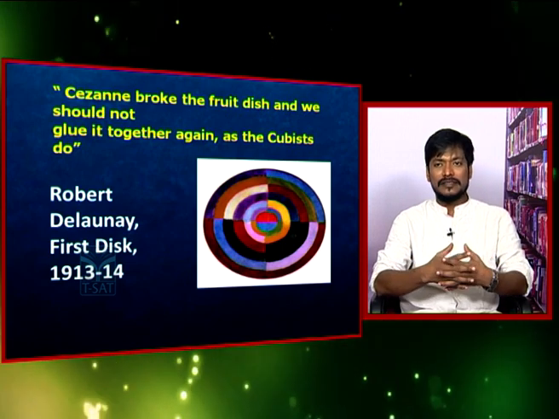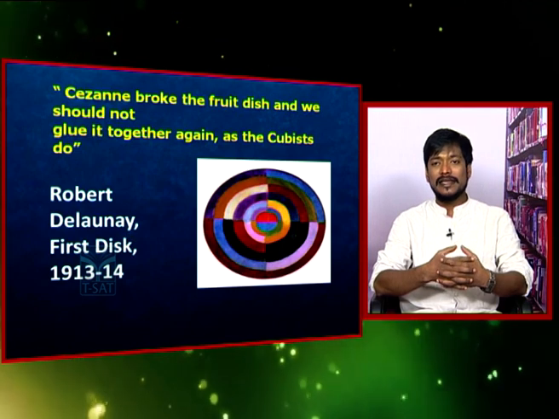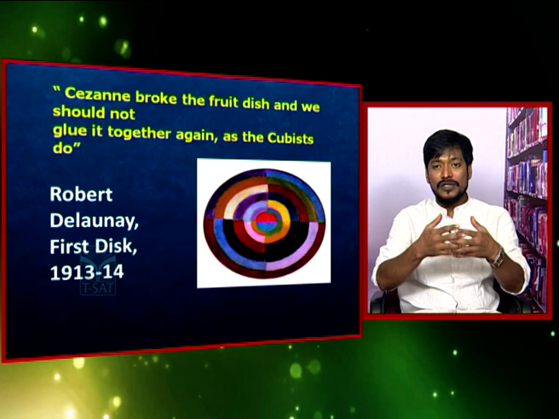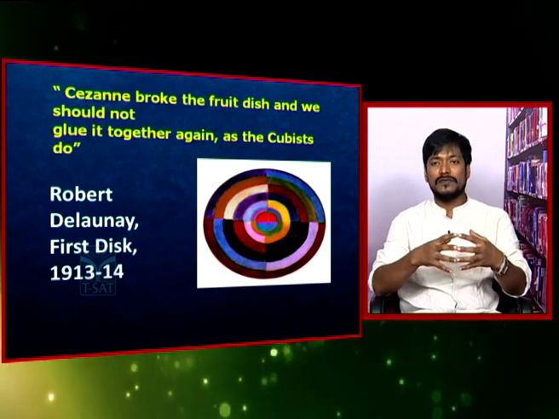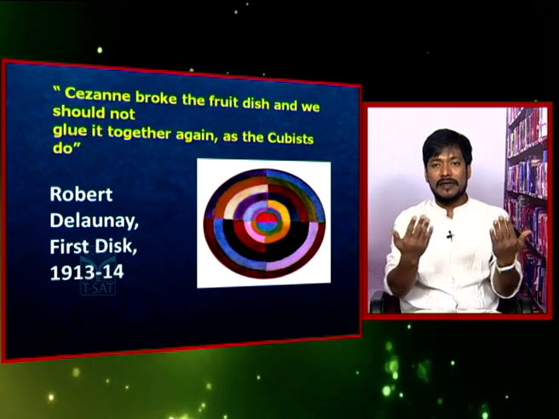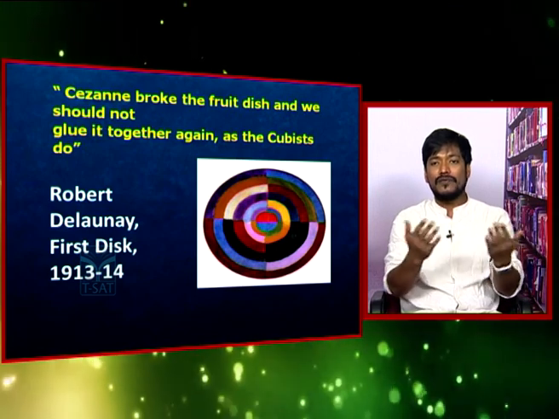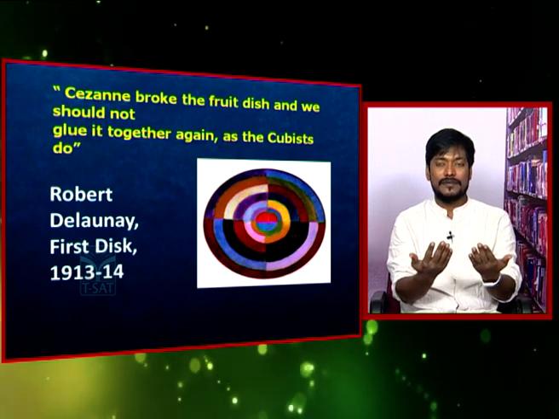What Delaunay means by this proposition is, when you are breaking the bottle, when you are breaking the fruit dish, you don't glue it back with multiple perspectives. We don't need to. When you break an object and arrange the pieces separately, it becomes abstract, right.